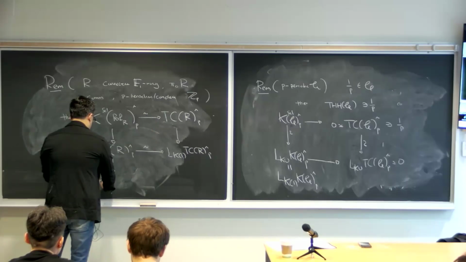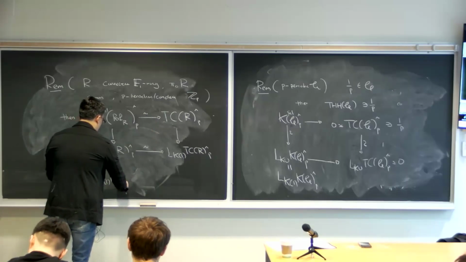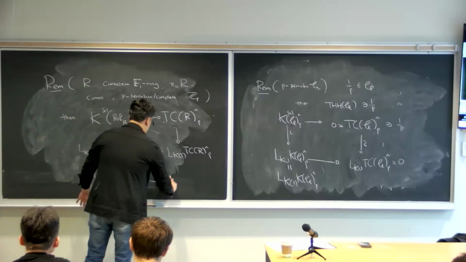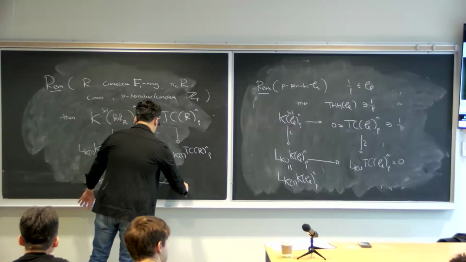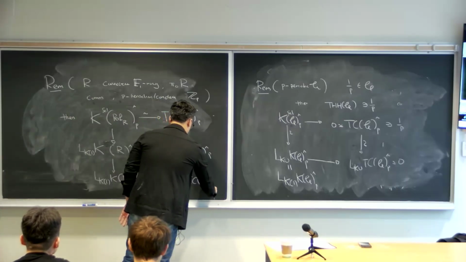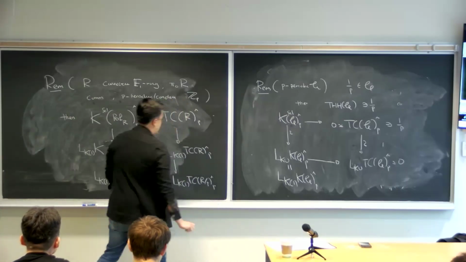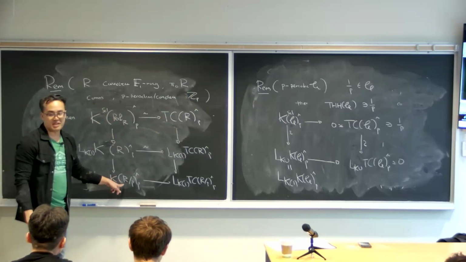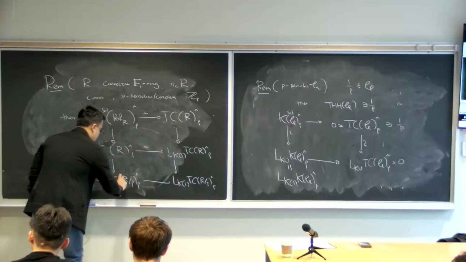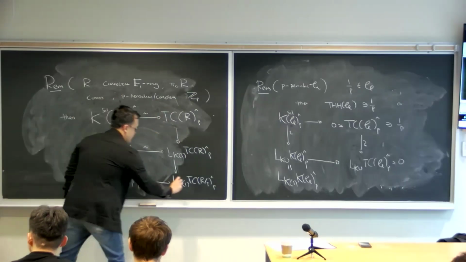So I'm looking at LK1 of K theory of R mod p, completed, and LK1 of TC of R mod p, completed. There's some implicit pi zero there because we're connective. Okay, I'll write the pi zero, because why not?